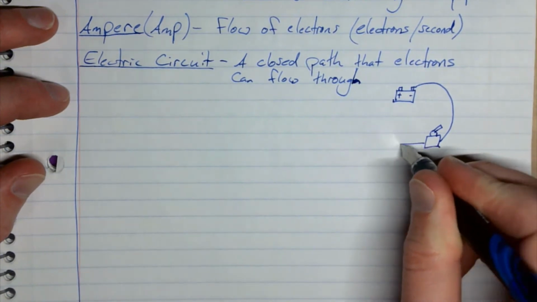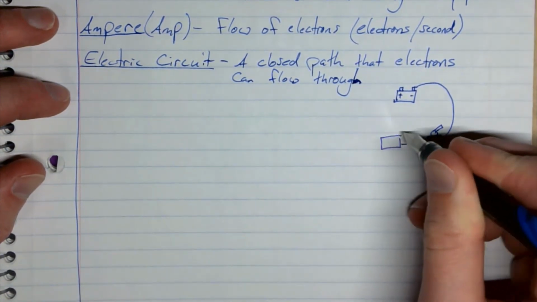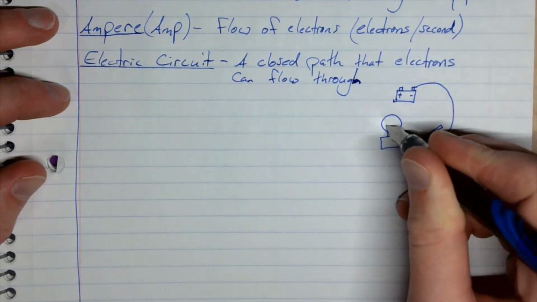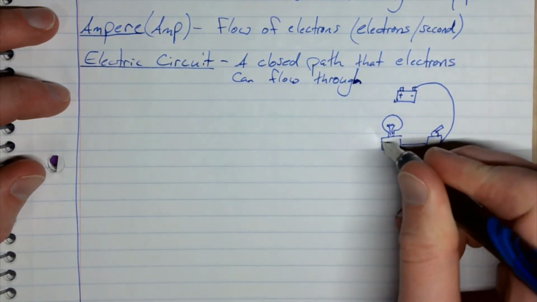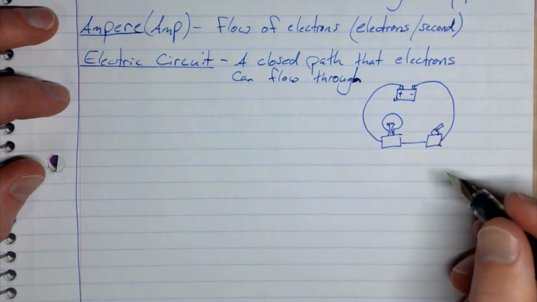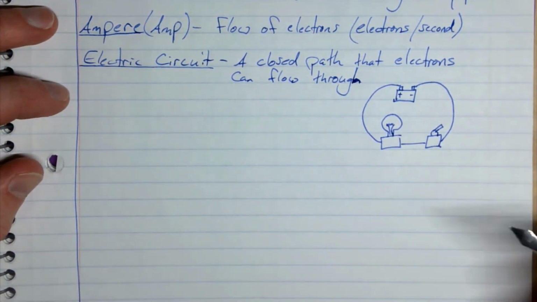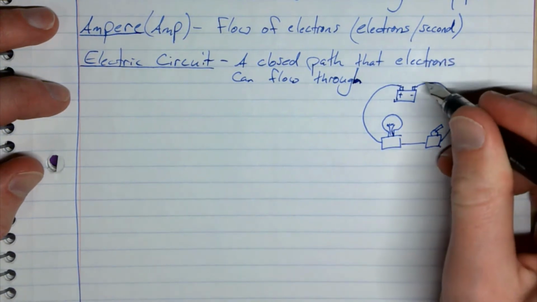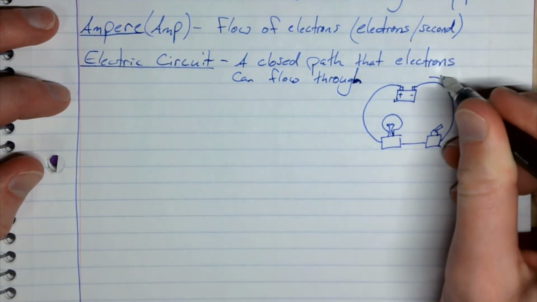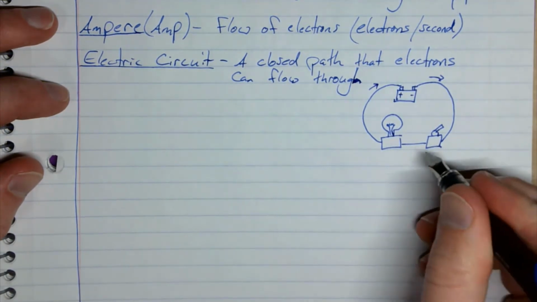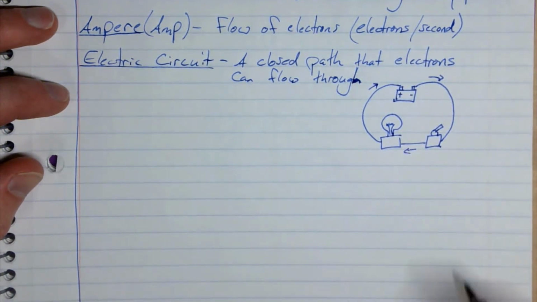And then I'm going to go to a light bulb and then back. And we're going to learn in a second that it's going to go from negative to positive. So those electrons are always going to flow that way, from negative into the positive.